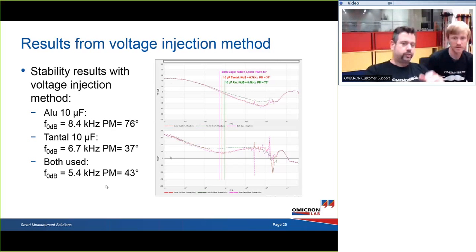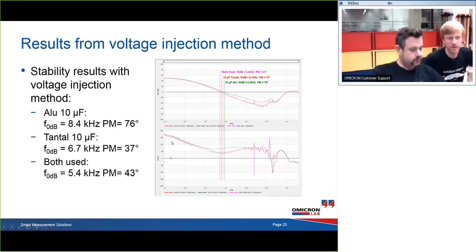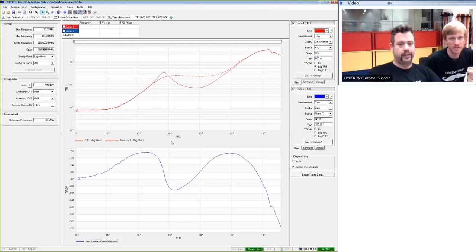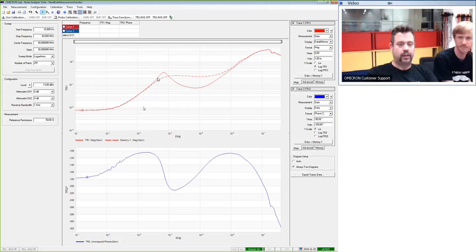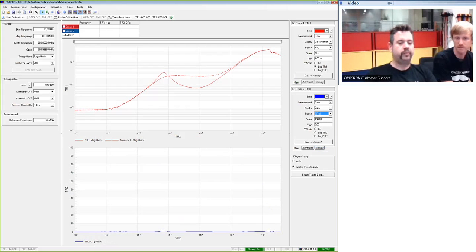I just want to show what we measured invasively so that we can compare afterwards. Perfect. Now we go back to the Bode analyzer suite, and we have here our dental capacitor. We activate the Q factor of the group delay, and in the beginning we don't see anything, so we switch on the logarithmic scaling for trace 2.